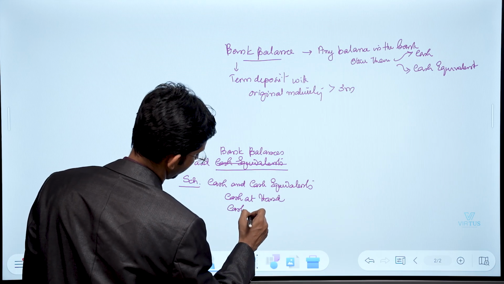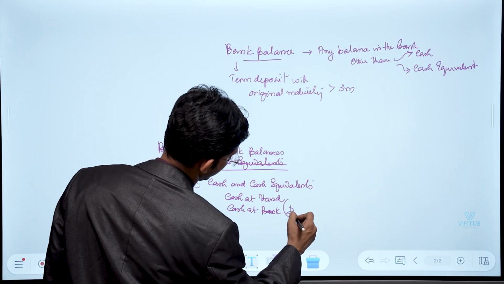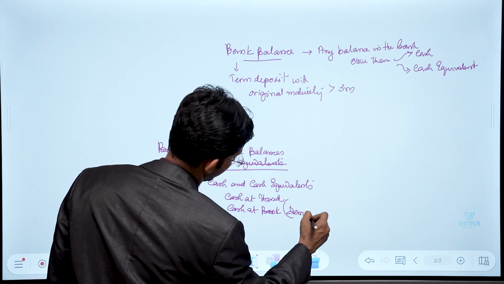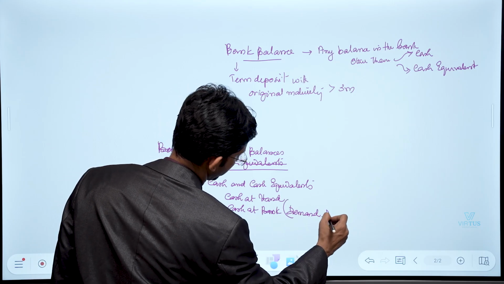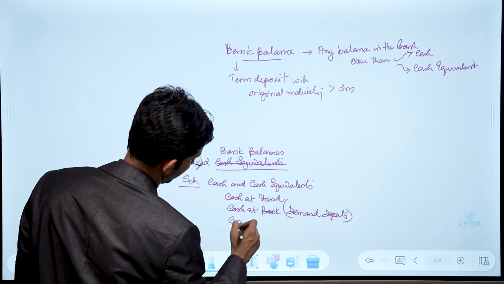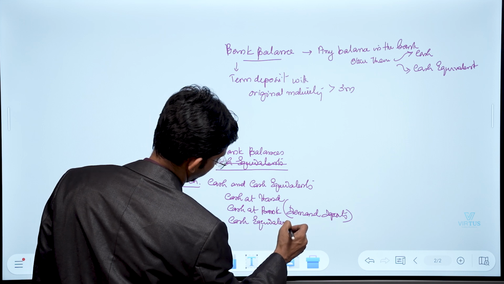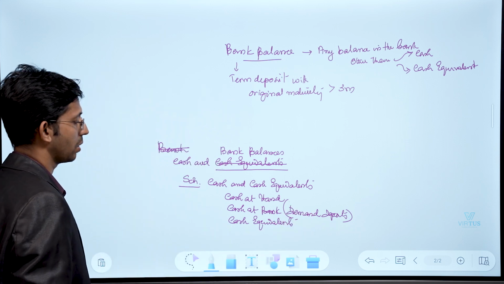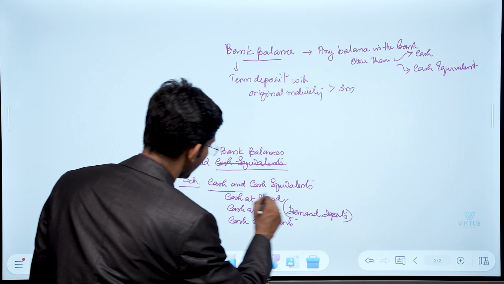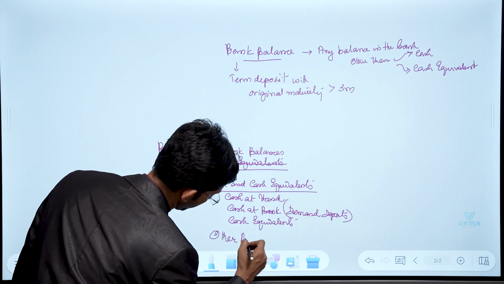Then cash at bank, this is demand deposits. Then next, cash equivalents. Okay, this is cash and cash equivalents. Now the next category in the schedule will be other bank balances.